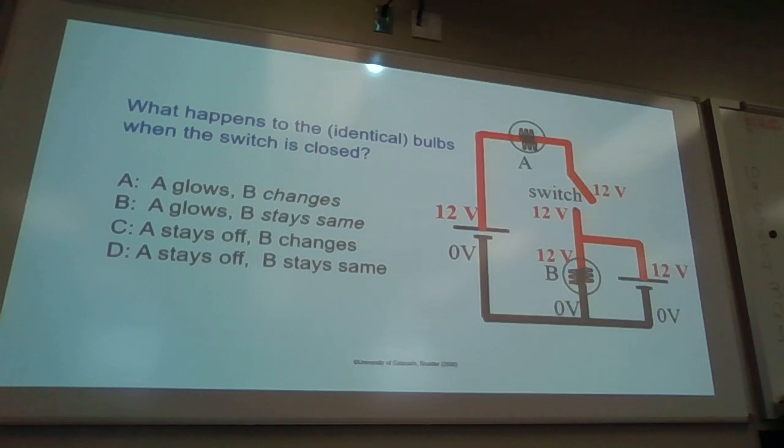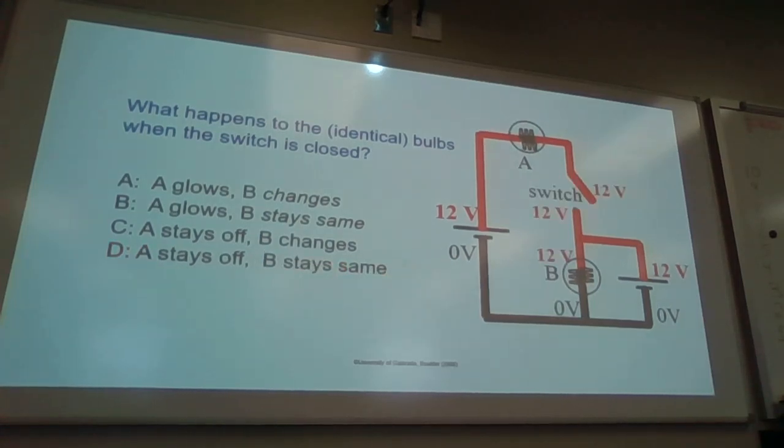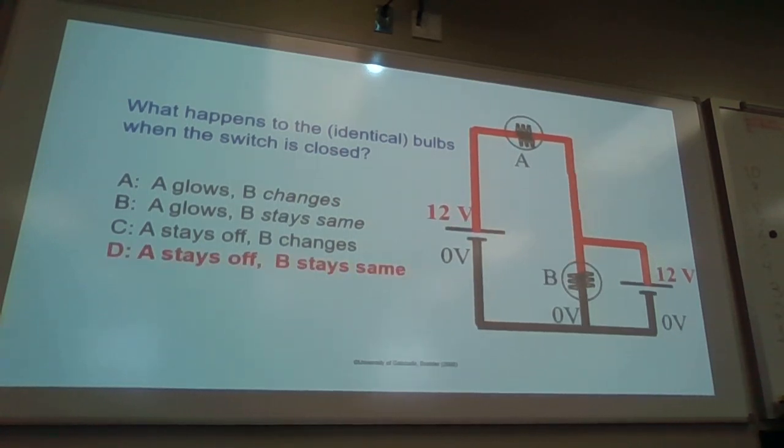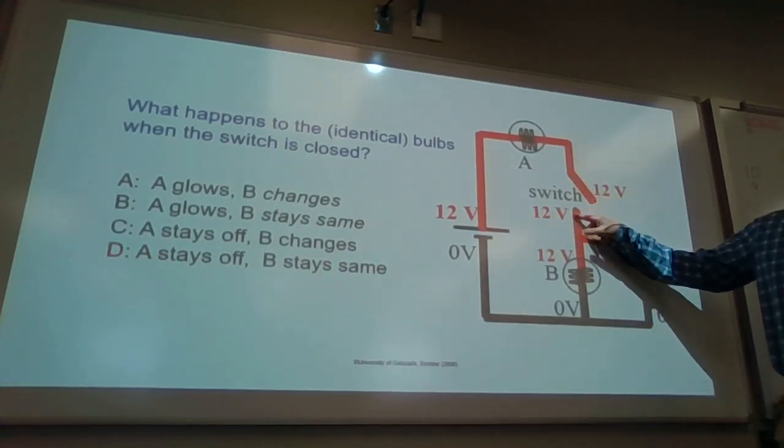All right, so what do you think? Talk to your neighbor. Okay. B is correct. There is no difference in electric potential between this and this. There's no motivation to flow.